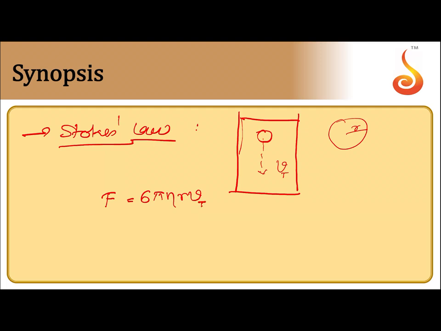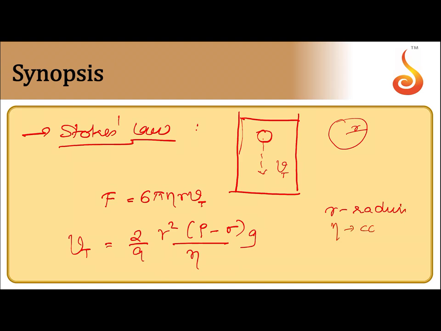where v or vt is the terminal velocity. And we can also find out what the terminal velocity is. The terminal velocity is given by 2 by 9 r square into rho minus sigma divided by eta into g, where r is the radius of the steel sphere, eta is the coefficient of viscosity of the liquid, rho is the density of solid, and sigma is the density of the liquid.